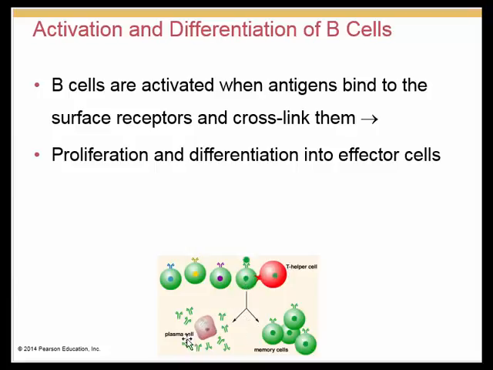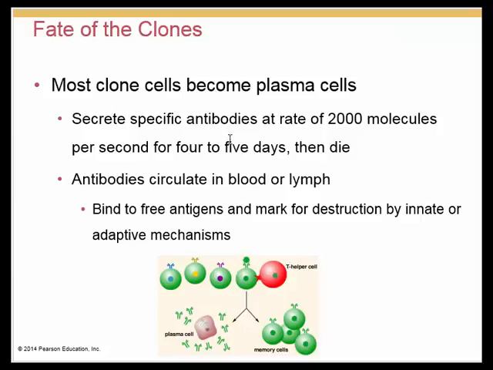All right, we're going to create plasma cells that are going to be kicking out antibody like crazy. And we're going to create a little handful of memory cells as well to live on forever in case you see that specific antigen again. So most clones are going to become the plasma cells. We're just going to have a handful of the memories, and the worker bees are those plasma cells.